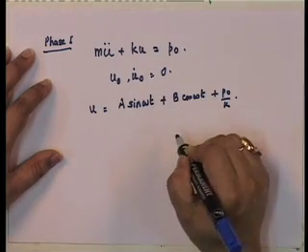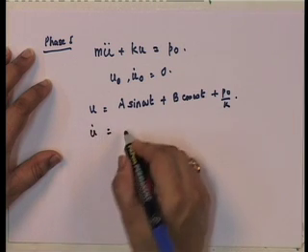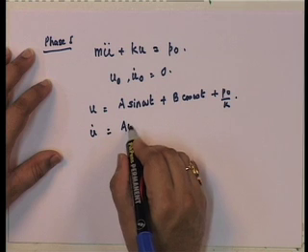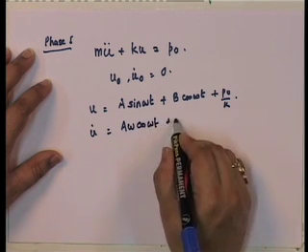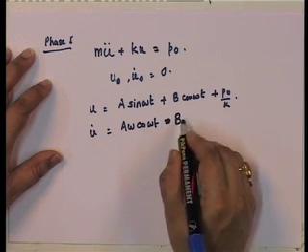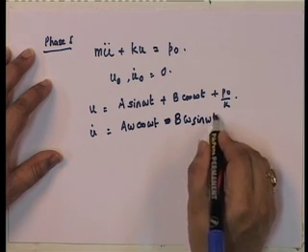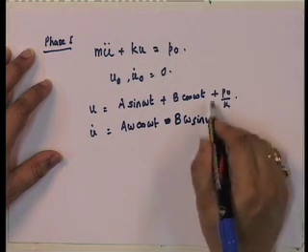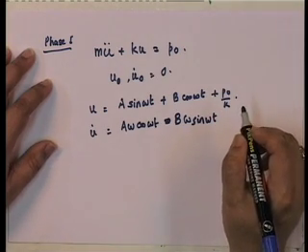If I differentiate it, u dot is equal to A omega cosine omega t minus B omega sin omega t, and note that P naught upon k is a constant, so its differentiation is 0.